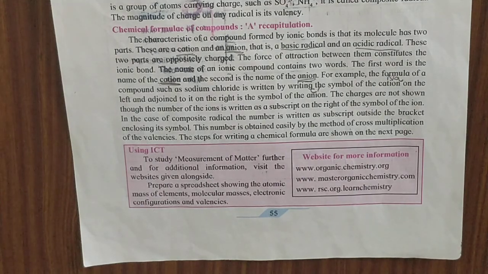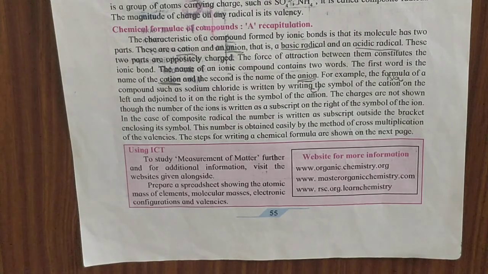The name of an ionic compound contains two words. The first word is the name of the cation and the second is the name of the anion. We can take a simple example, sodium chloride: cation sodium and anion chlorine, Cl minus.